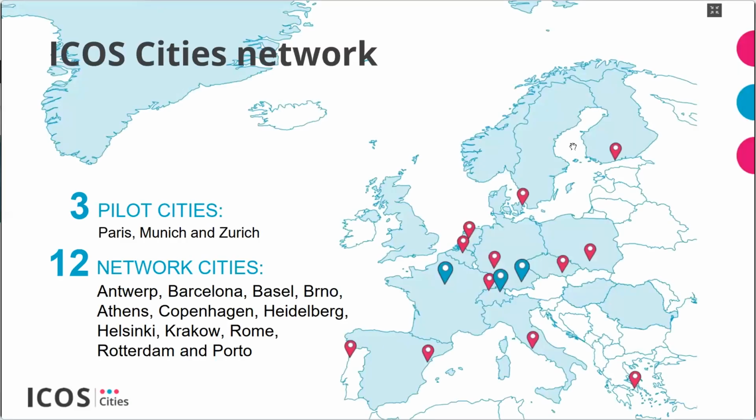This is our network we are looking at, and you will see in a bit when Tuukka takes over that we have an overlap in our network. So we have those three pilot cities I mentioned already, which will have a huge amount of infrastructure measurements done, and 12 network cities or associated cities, and they build up capacity as well and really try to learn from our lessons what is working and what not.